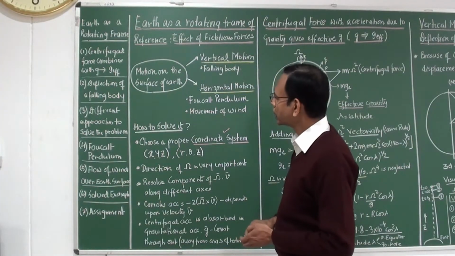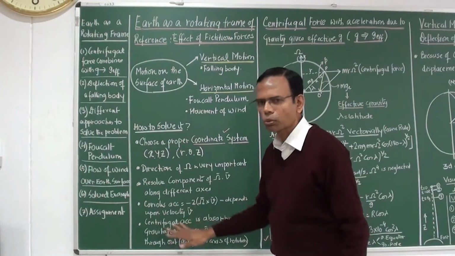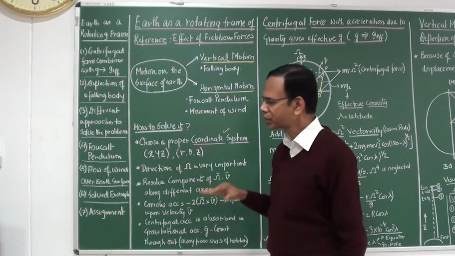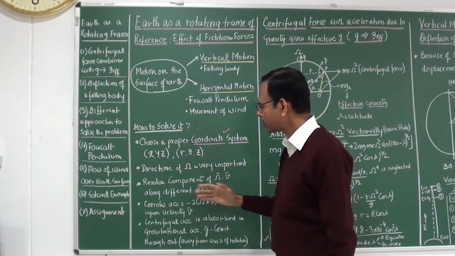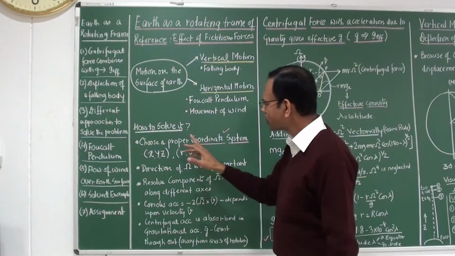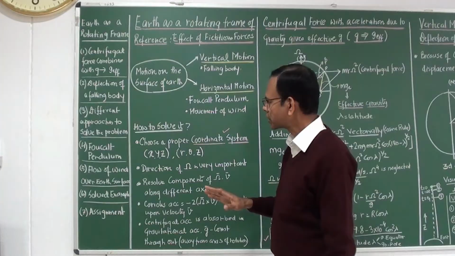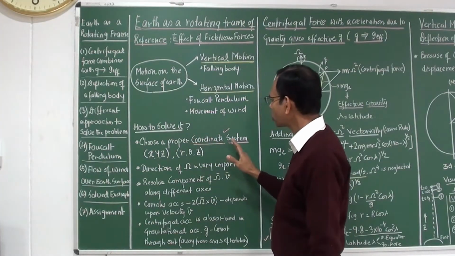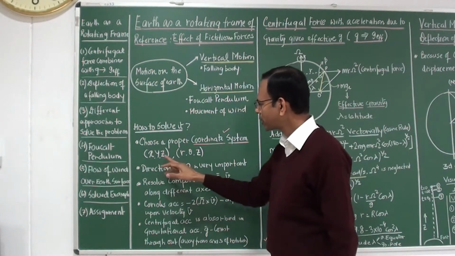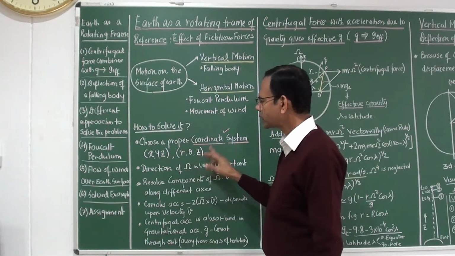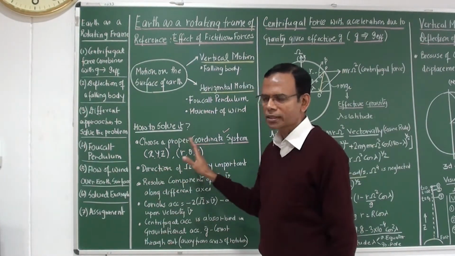Okay. Now let us see, this is the gist of the whole exercise or whole lecture. You have to be very careful with these steps. The first step to solve these problems is to choose a proper coordinate system. Here mostly we have taken x, y, z and r, theta, z. These are the 2 coordinate systems we have taken.